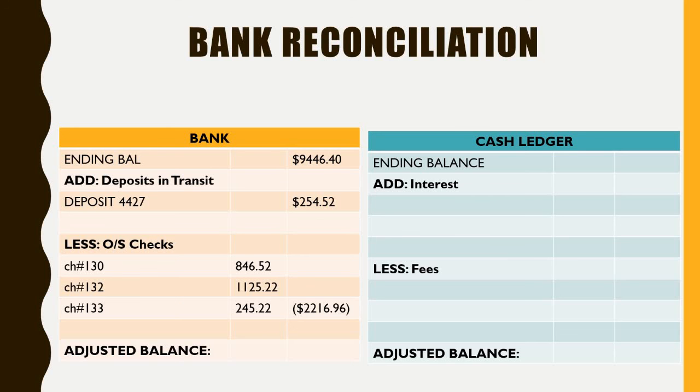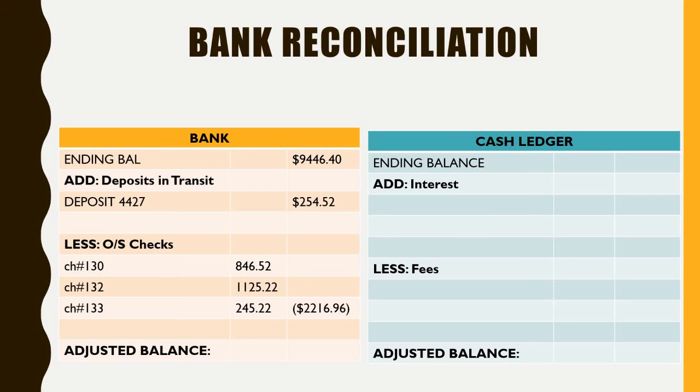So we're going to subtract this amount, because in context, it's money that we already spent. We're just waiting for the other person to deposit it into their checking account.